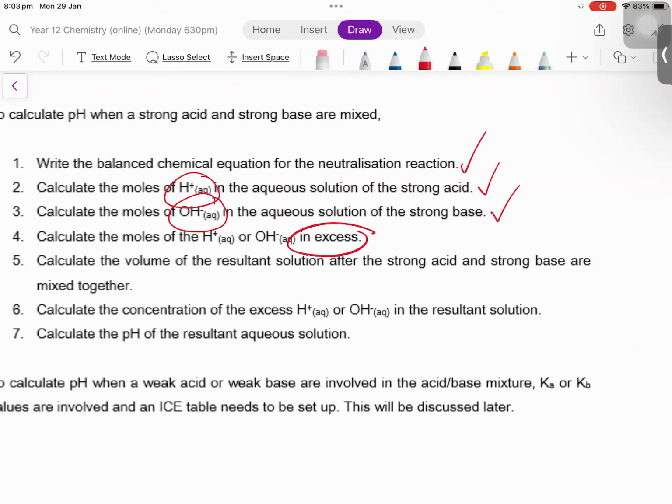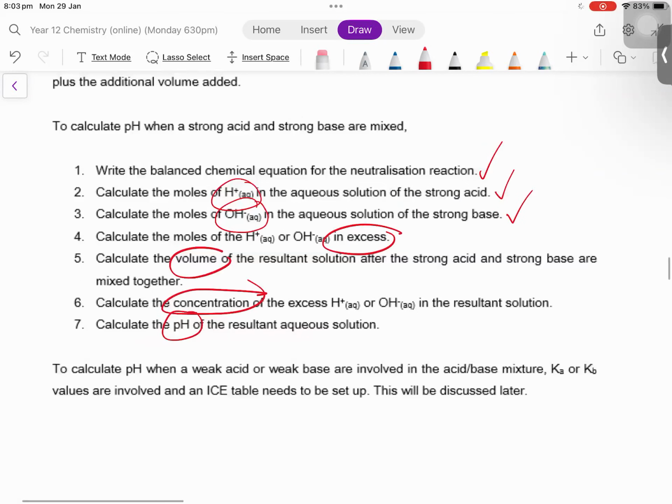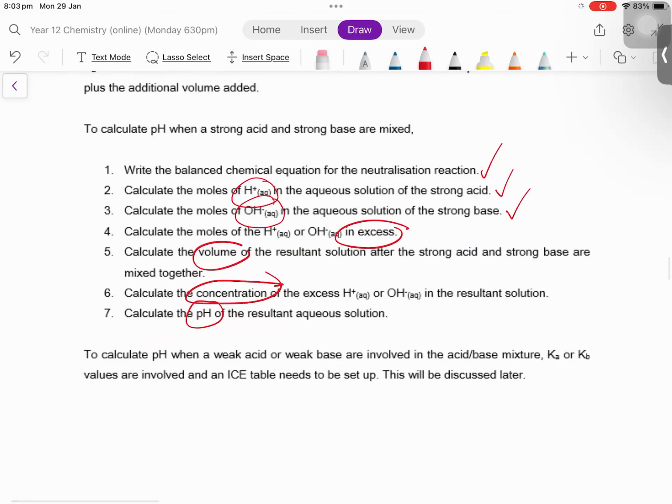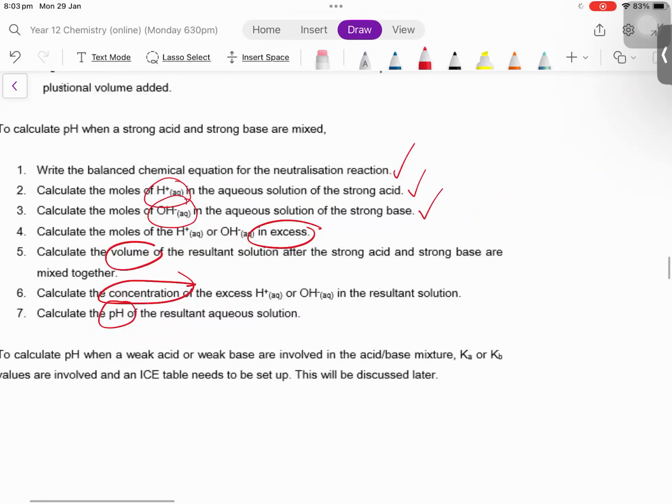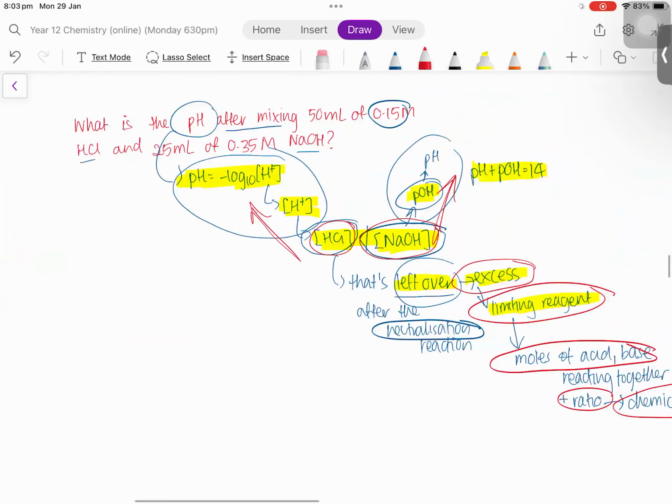Step 5 is to calculate the final volume so that you can calculate the final concentration. And then once you calculate the final concentration, you can go ahead and calculate pH, whether that's using the negative log base 10, or using pH plus pOH is equal to 14, okay? So these 7 steps here are your forward way if you trace back these steps that we just did, okay?